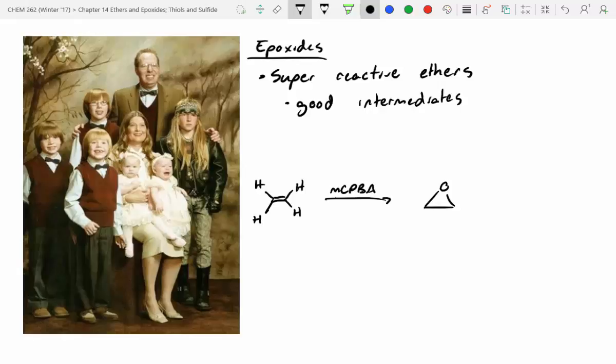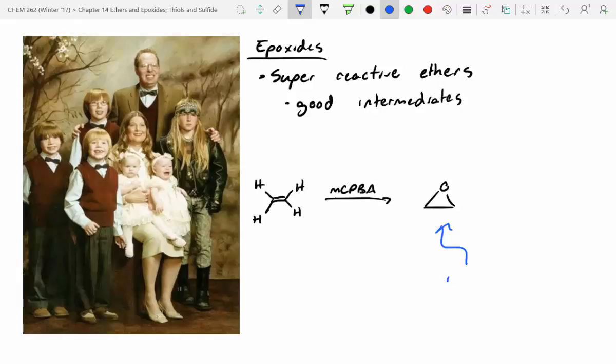And we said that this is going to be super duper reactive because of what? Ring strain. Yeah, it's a 3-membered ring. We said 6-membered rings are far and away the most stable. This is like a mousetrap waiting to go off. Essentially, all you need is some sort of nucleophile to hit one of those carbons, and it will slingshot open really, really quickly.